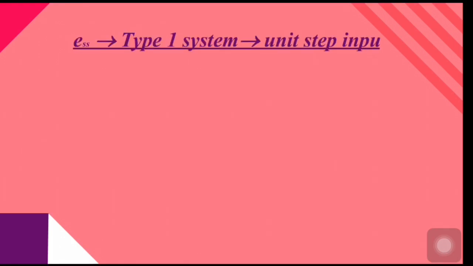Switching focus to type 1 system. Here the number of poles of loop transfer function lying at origin is 1.